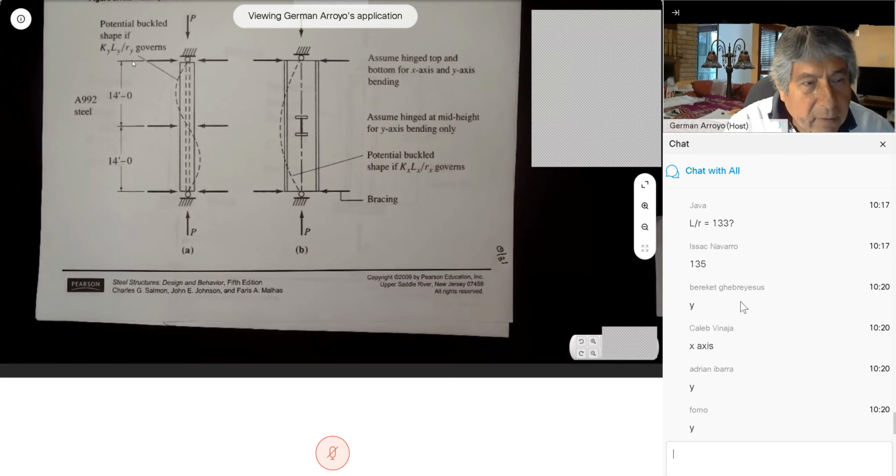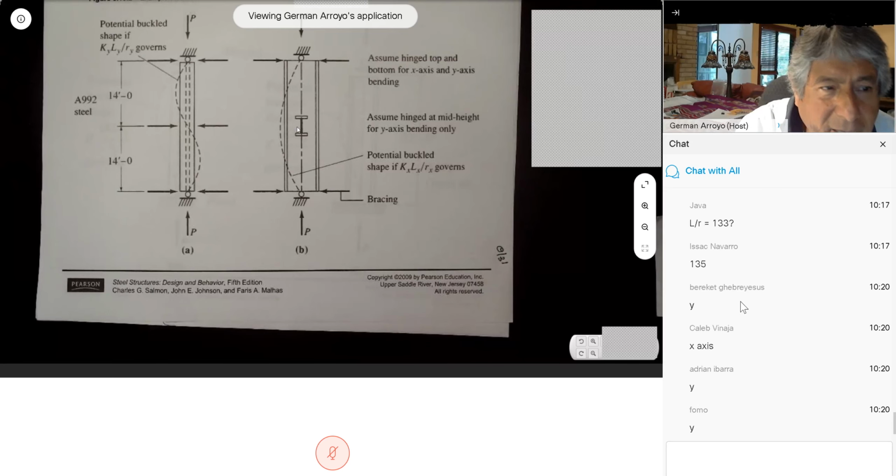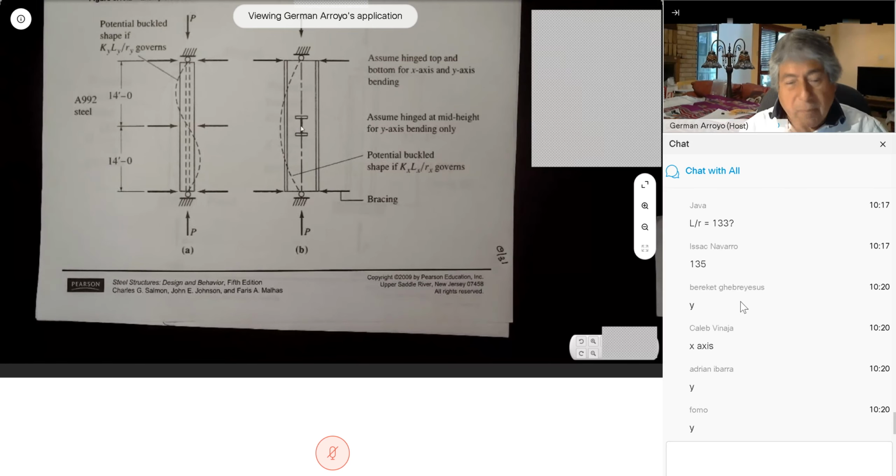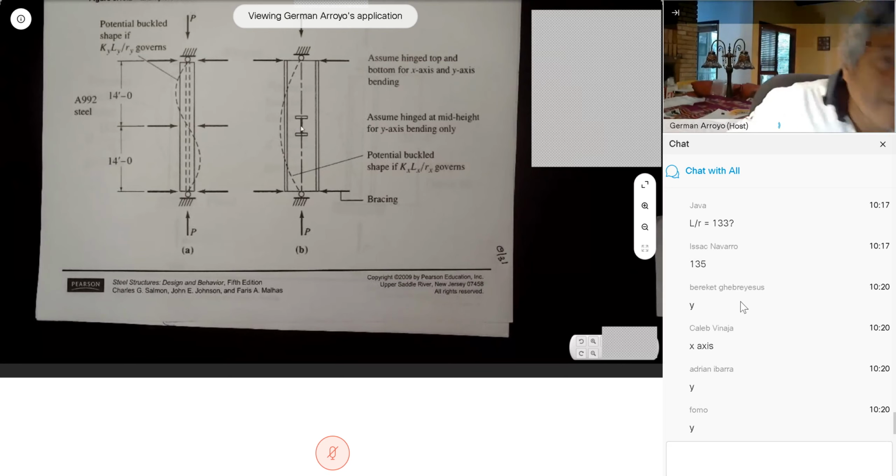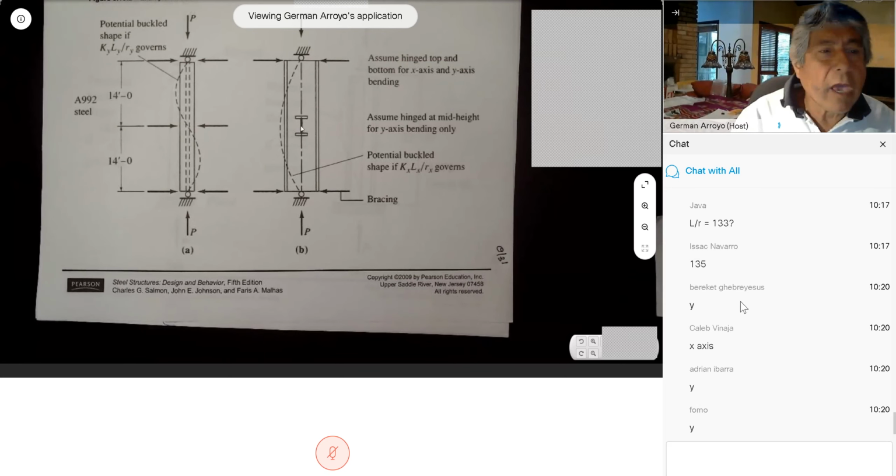Look, it's a braced frame, so the top and the bottom, they're going to move. Now we're supporting the weak axis. And on this view, you can see that we are bracing the weak axis with a wide flange beam. It could be a channel, it could be any, but we are giving lateral support.